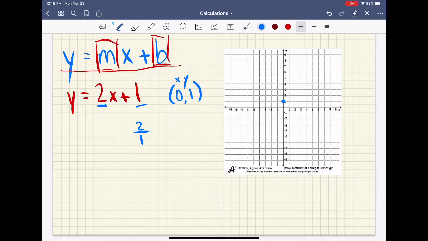So on the coordinate plane, when you're graphing from your original point, which is the y-intercept, you go up 2, over 1, and you have your next point. And remember, once you have 2 points on any graph, you can go ahead and draw that line.